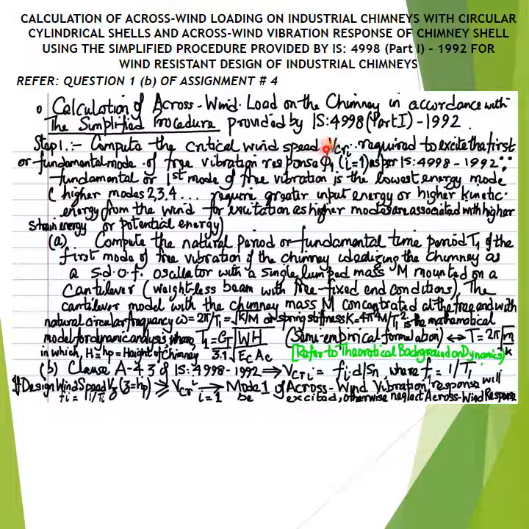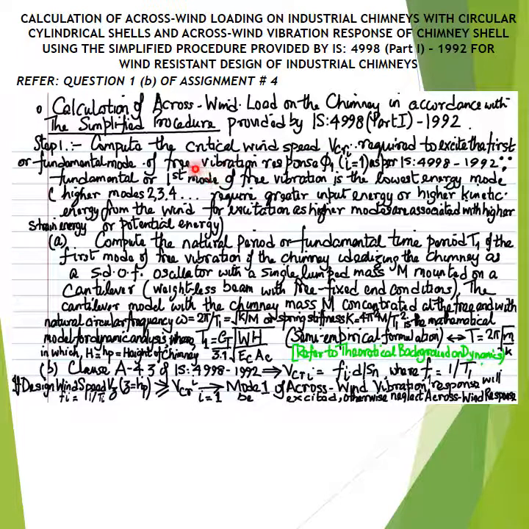And if the critical wind speed VCR1 for the first or fundamental mode of free vibration response of the industrial chimney structure is greater than the design wind speed on the site of construction of the industrial chimney, then a crosswind response is not excited or activated and thus need not be considered.